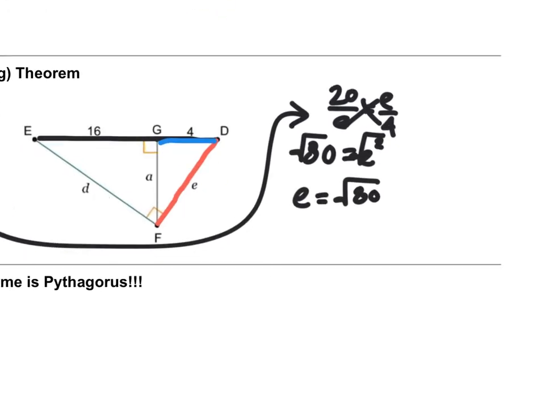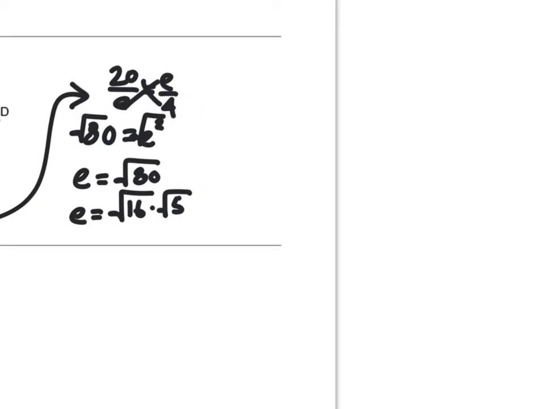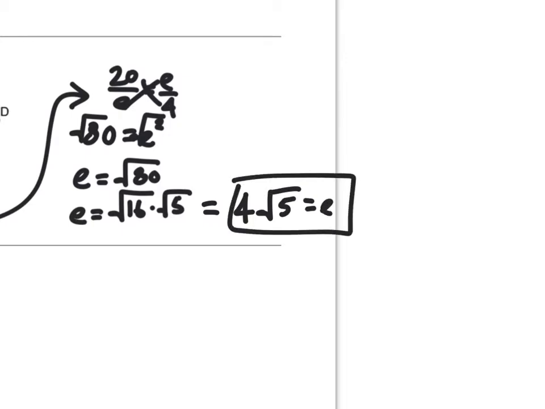Well, 80 can be rewritten as the square root of 16 times the square root of 5, because 16 times 5 gives me 80. Keep them under the square roots. Then I take the square root of 16, which is just 4. I can't take the square root of 5, so E is equal to 4 times the square root of 5.